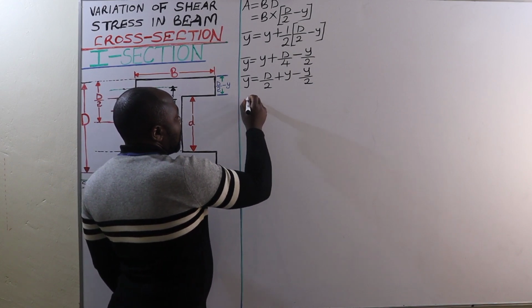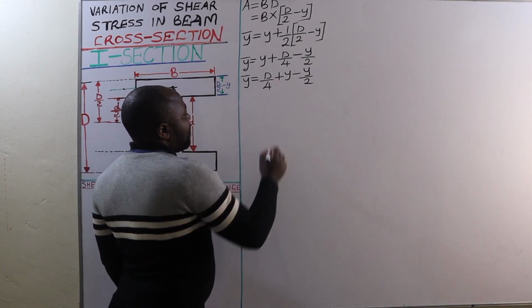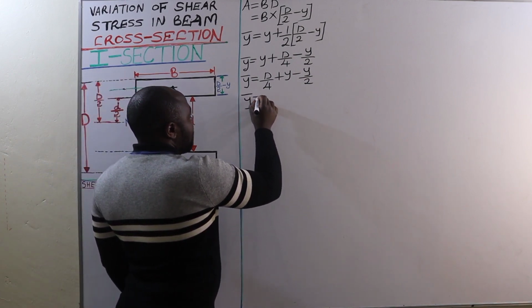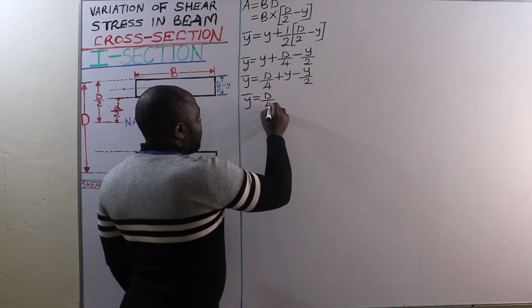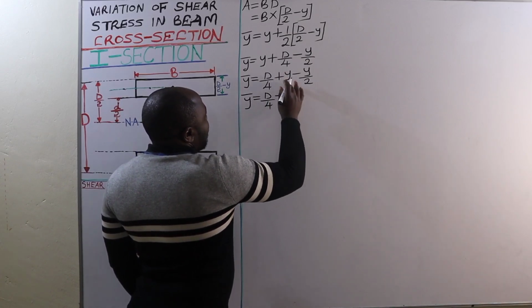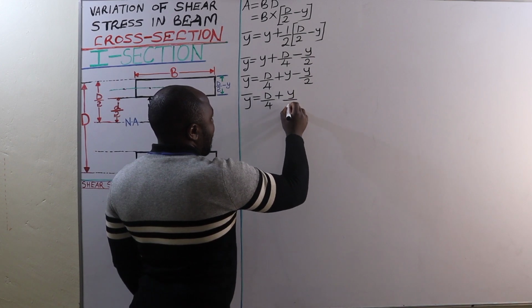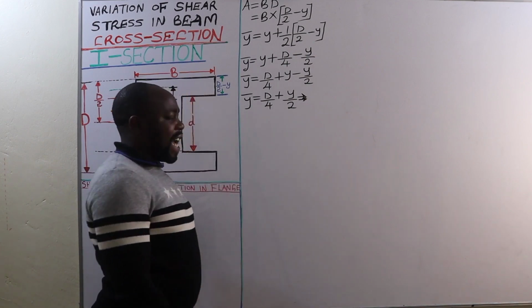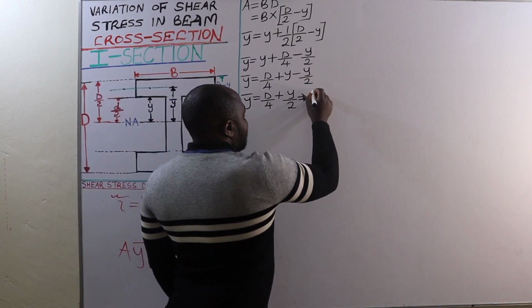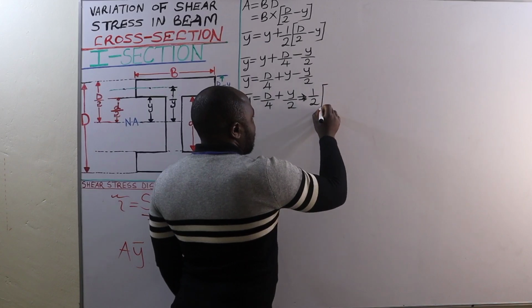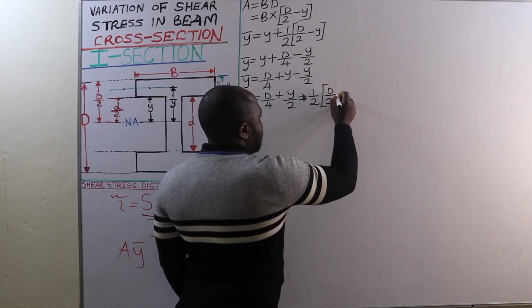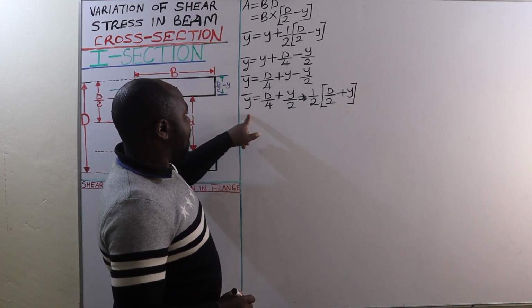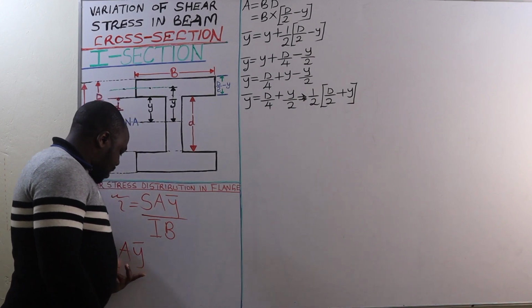So bar y is equal to D over 4 plus y over 2. Now, when we factorize, we are going to have a half into D over 2 plus y. So that is the value of bar y.